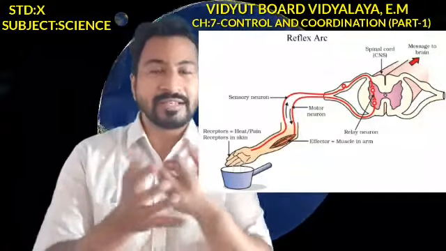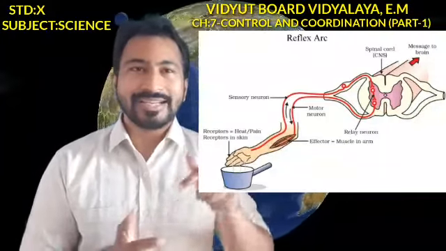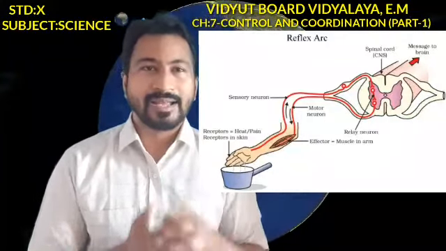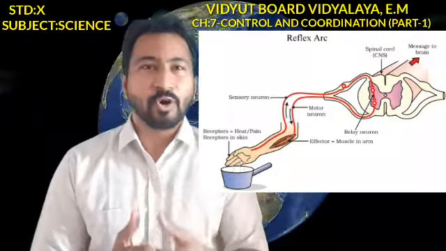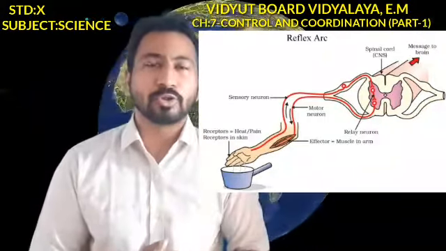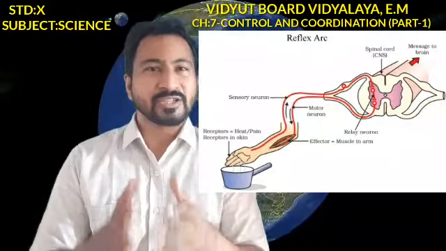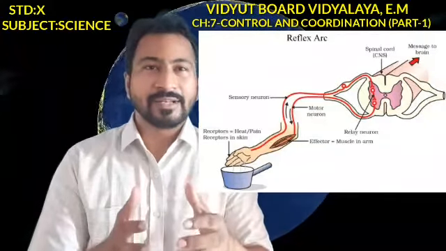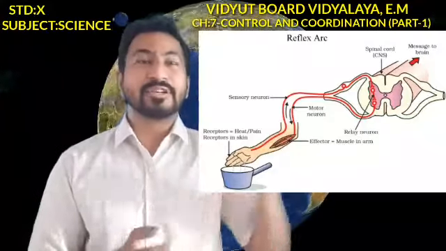It will be receiving the information. And through the sensory nerve, that information goes into the spinal cord. The spinal cord will analyze the information: if the object is extremely hot, then the hand must be withdrawn automatically in a very rapid manner. And if it is normal, then the hand can be kept as it is. But if the object is very hot, then the hand is to be withdrawn.